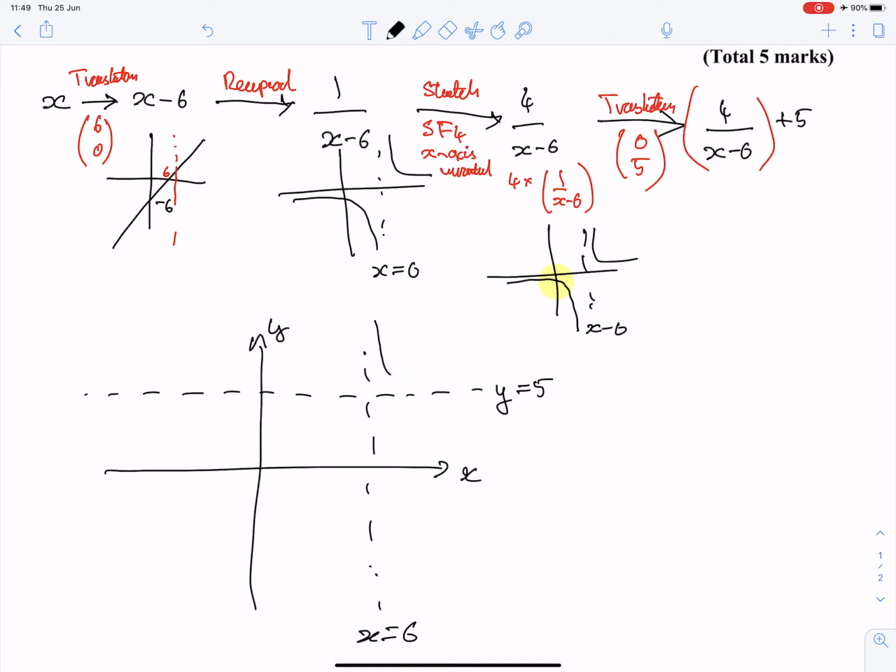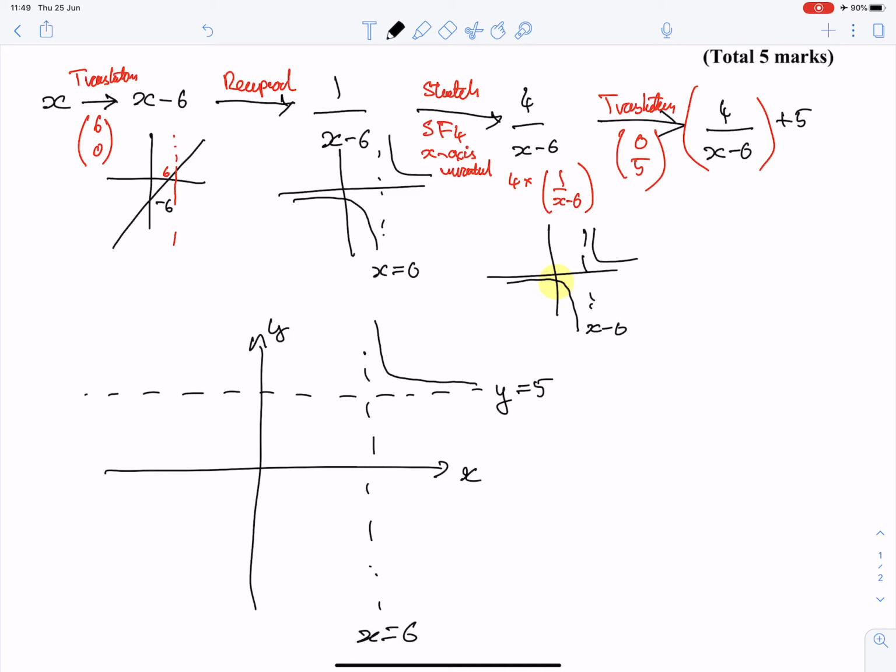So our graph now fits in here. Oops, done that wrong. It's going to cross the y-axis. And again, you should draw your lines with a ruler so you can show the values tending towards the asymptotes. This isn't particularly good down the bottom here.